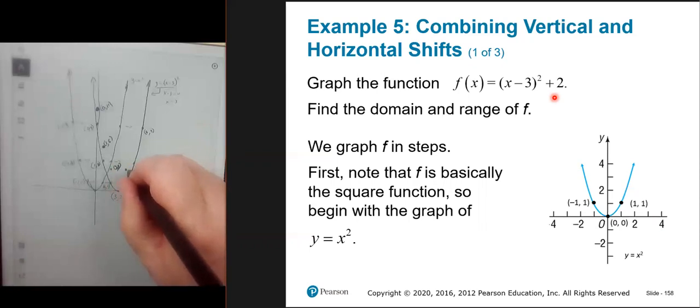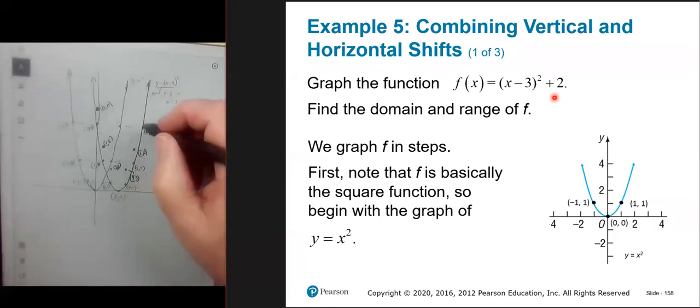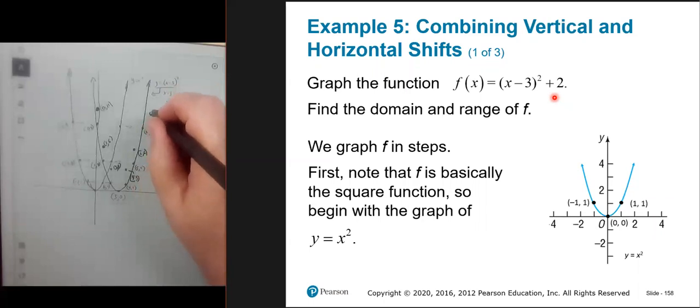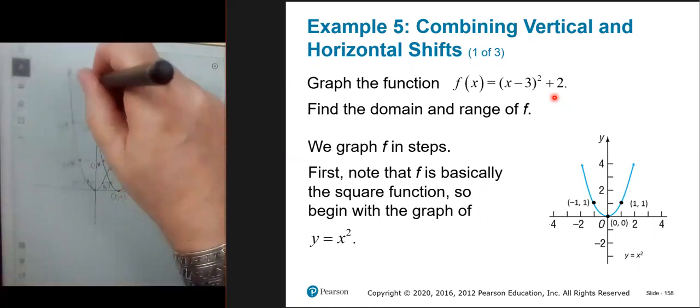That's this point. 5, 4. I'm going to shift the 4 up to a 6. So now that's 5, 6. Went from 5, 4 to 5, 6, 2 units of growth. And then 6, 9 goes up to 6, 11. Which is about there. And so now I have the new graph.